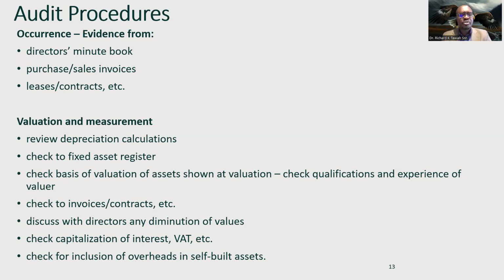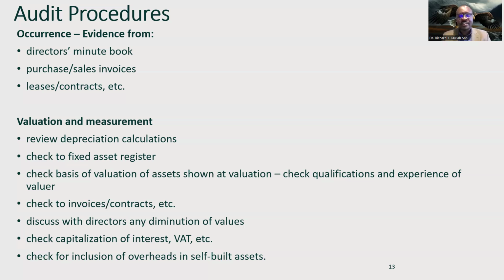Valuation, perform some depreciation calculations, check the fixed asset register and look at the basis of valuation shown. In fact, who is doing the valuation? Is this the professional valuer or the management just tried something out of trial and error? Check the invoices again. Discuss with directors any diminution of values, check capitalization of interests.